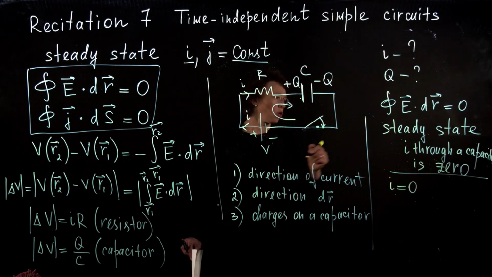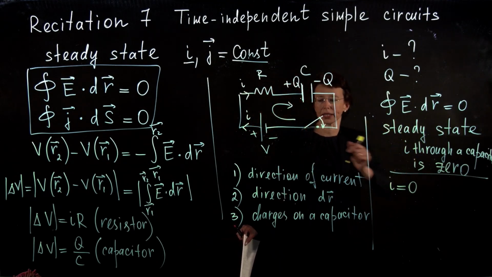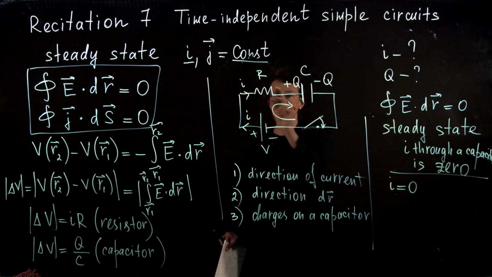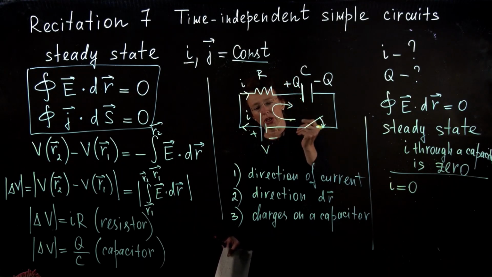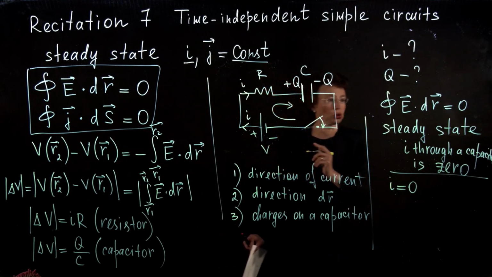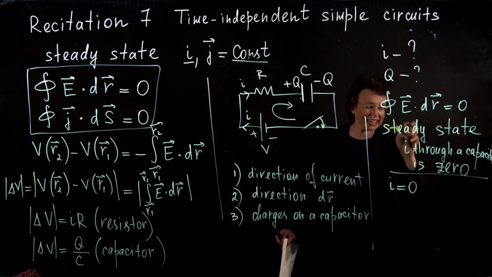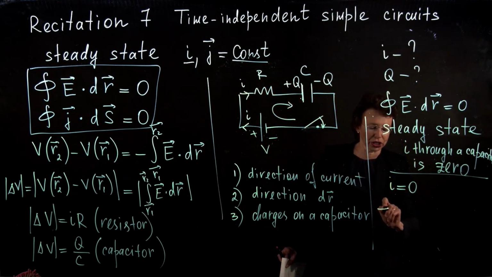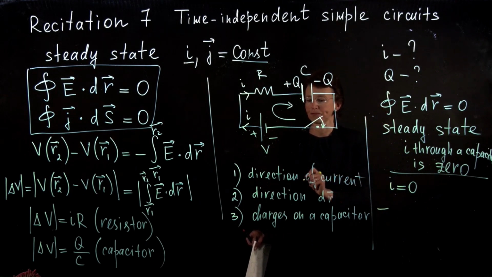Okay, now I will write E dot dr across each of these elements of this circuit. I go in clockwise direction across the battery. If I go in this direction, according to my choice, from minus to plus, I have positive change in voltage, which means negative change in E dot dr. That's why I put minus.